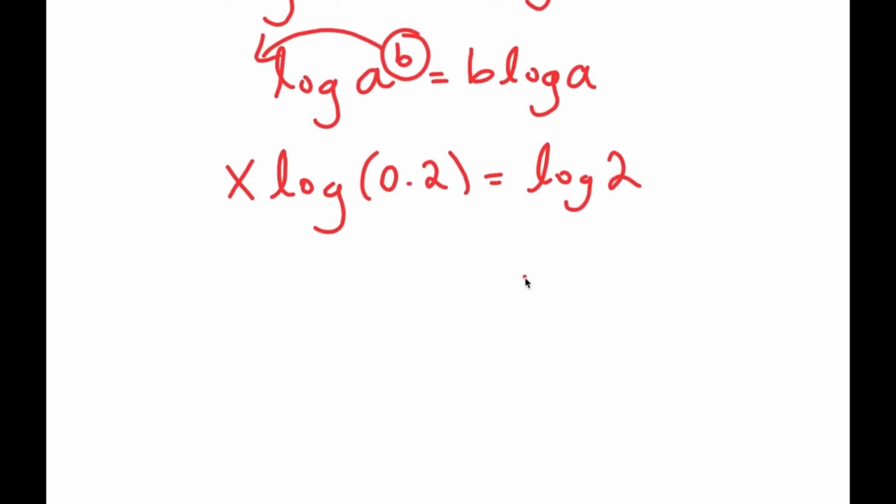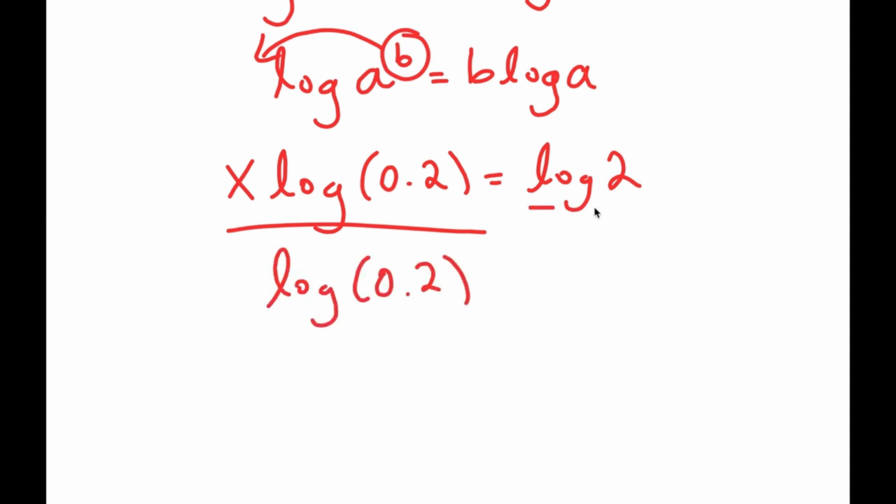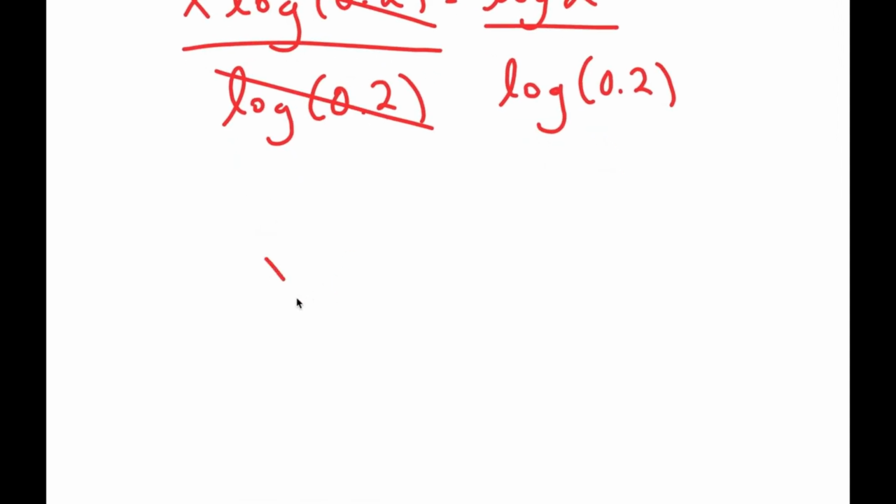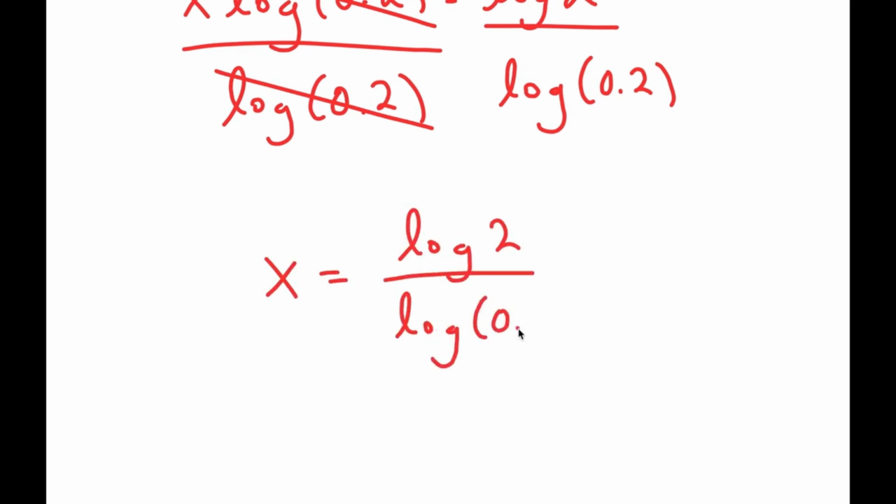And from here, I can divide both sides by log of 0.2. So these two cancel out, and I get x is equal to log of 2 over log of 0.2.